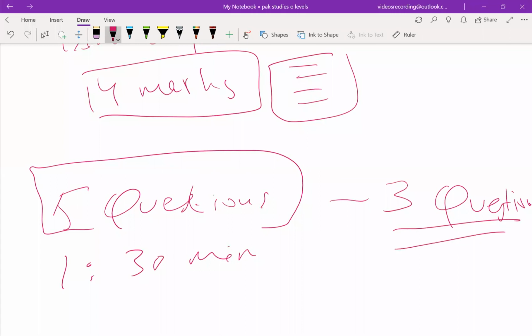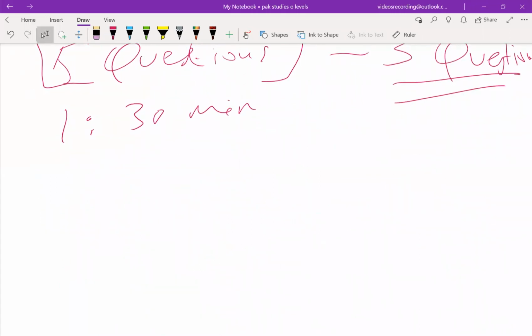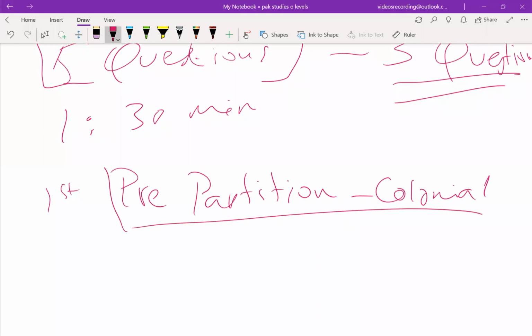Now, with time management, make sure that you understand what each section is asking. So the first question usually is about pre-partition to colonial times. This is basically during the Mughal era.